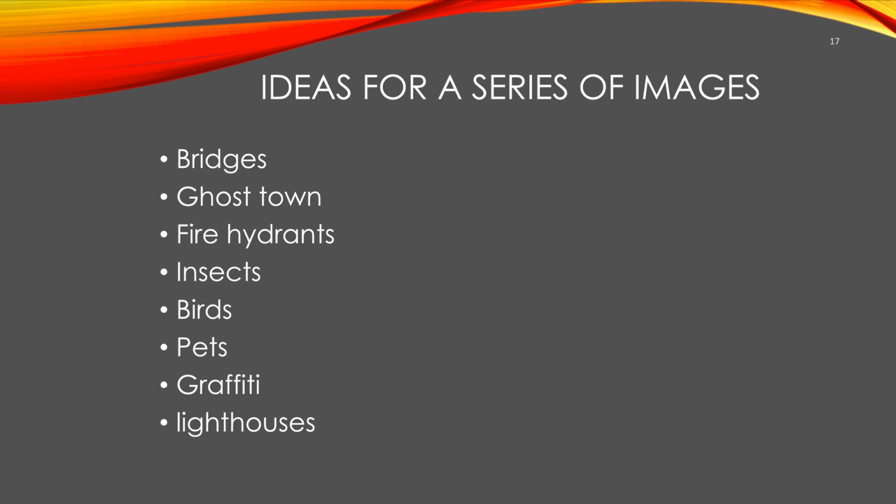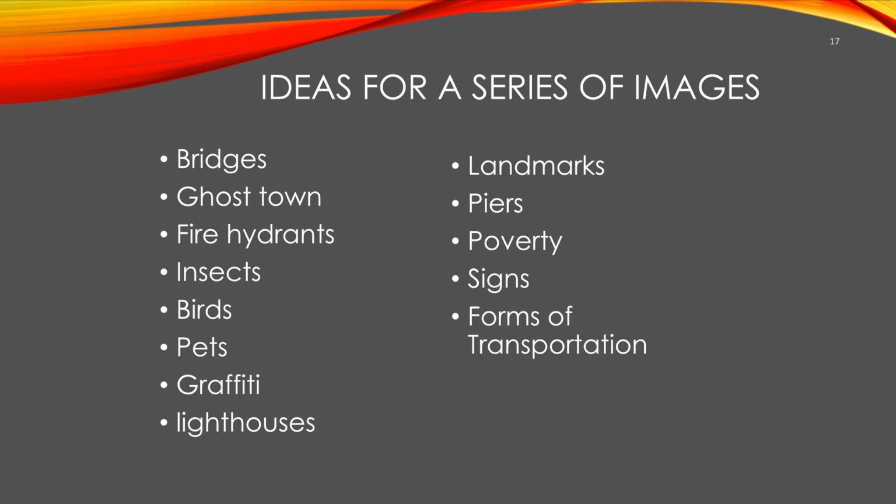You can show some lighthouses, landmarks, different landmarks, maybe in your city or in the state. Different piers along the beach, different styles of the way they look. You can even go into poverty. You show different aspects of poverty through this series of images. Signs, you can show different signs that are posted around. Forms of transportation.